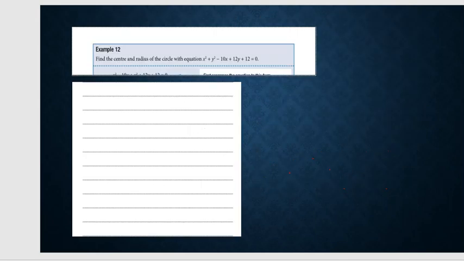Find the center and radius of the circle with the equation x squared plus y squared minus 10x plus 12y plus 12 is equal to 0.